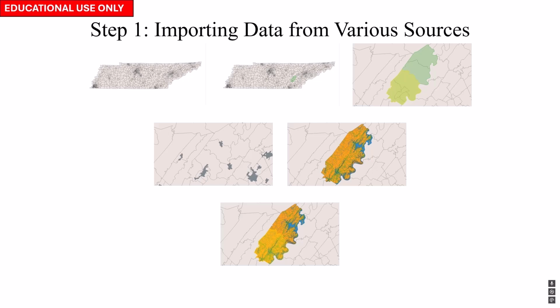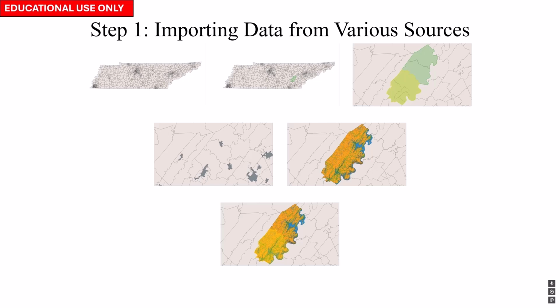So you can see on this first slide, I've got in the top left a U.S. Census Bureau census tract shapefile of Tennessee. And to the right of that, you can see a green polygon that represents the county that my small town is located in.